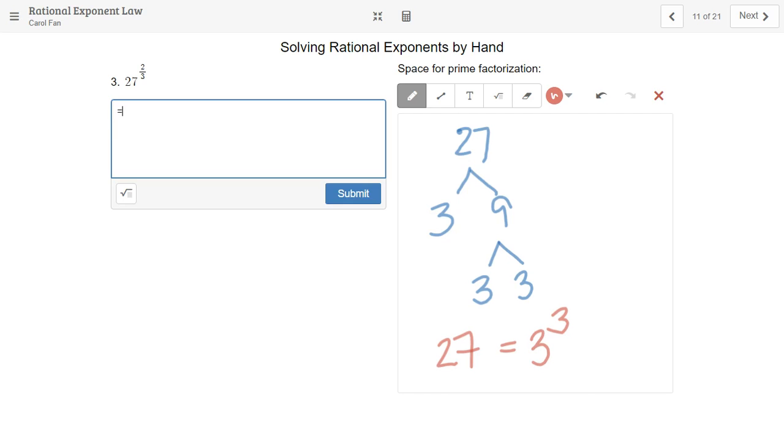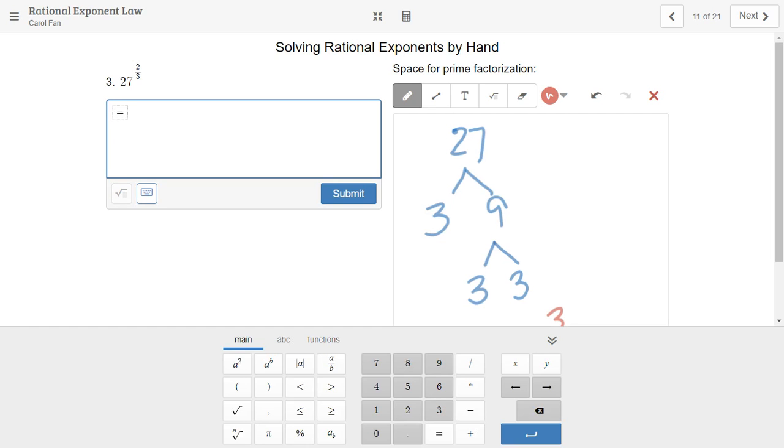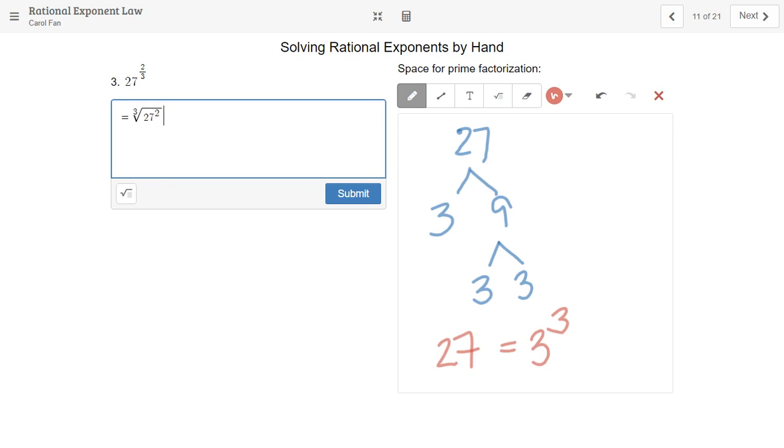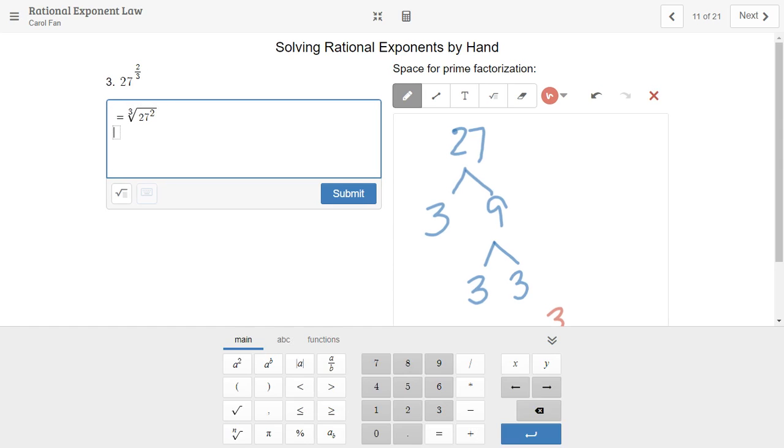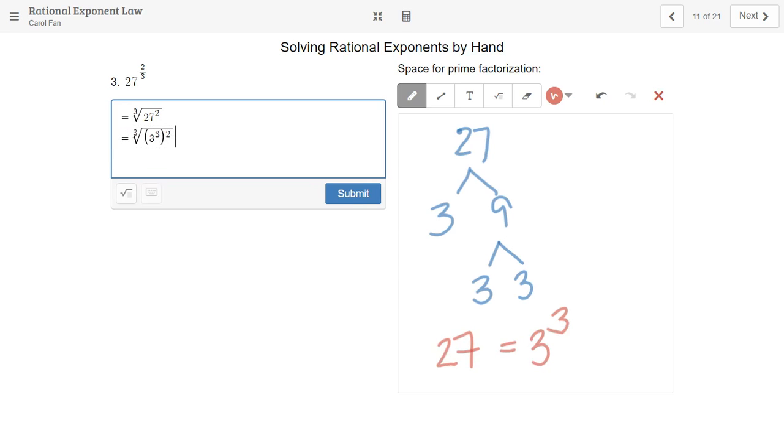Okay, let's first rewrite this as a radical. Third root of 27 all to the power of 2. We have the third root of 3 to the power of 3 all to the power of 2.